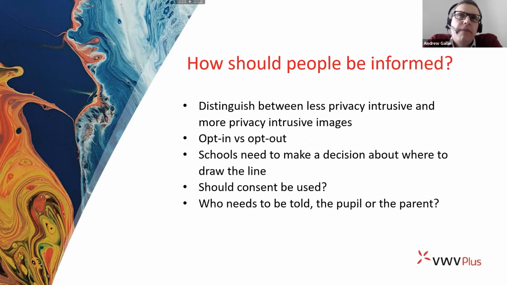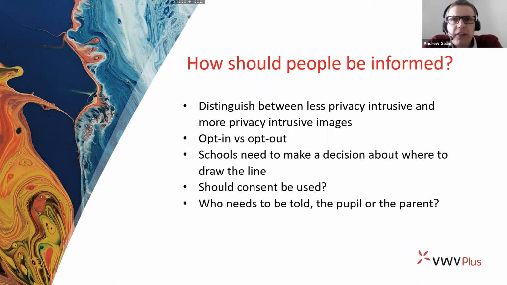So what do we mean by less privacy intrusive and more privacy intrusive use of images? Take a school prospectus as an example. I would definitely say that a class photo of a science lesson that appears in the middle of the prospectus is in the less privacy intrusive category.